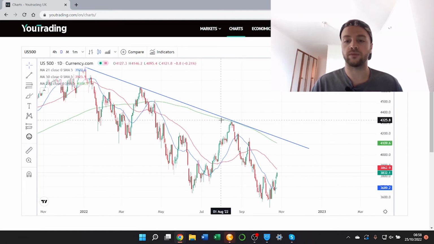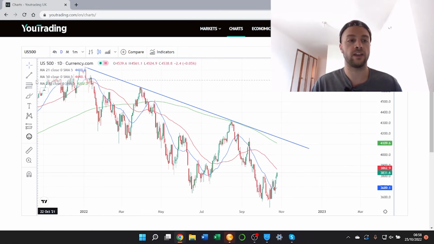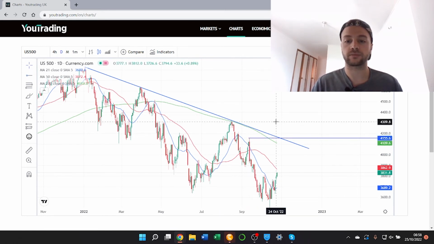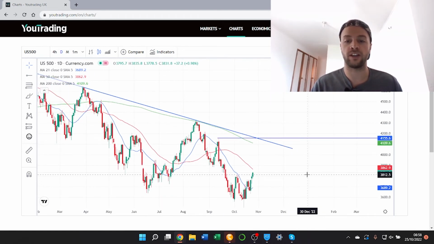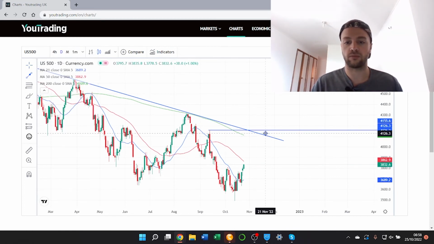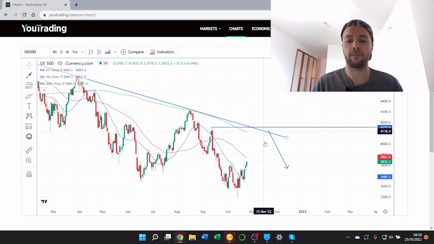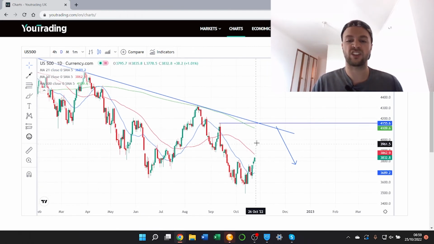So if we do get back to testing it in some way, perhaps the 200-day moving average at 4,100, this downtrend, perhaps this level here, an area around here, 4,100, if we were to get pushed that high by a good earnings season, might be another opportunity to add to some short positions. Again, this is something which we might have to wait until mid-November or even later before we start talking about this trade. But yeah, just something I'm keeping an eye on.